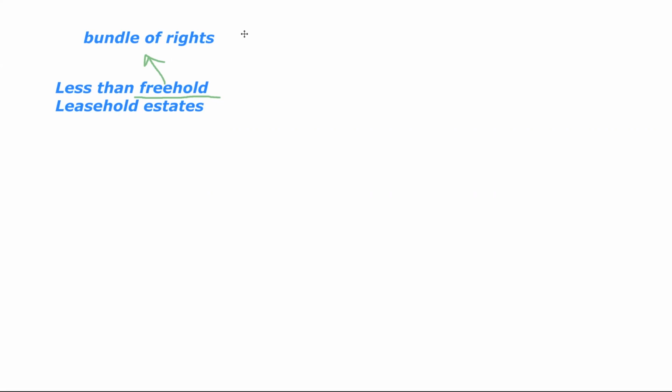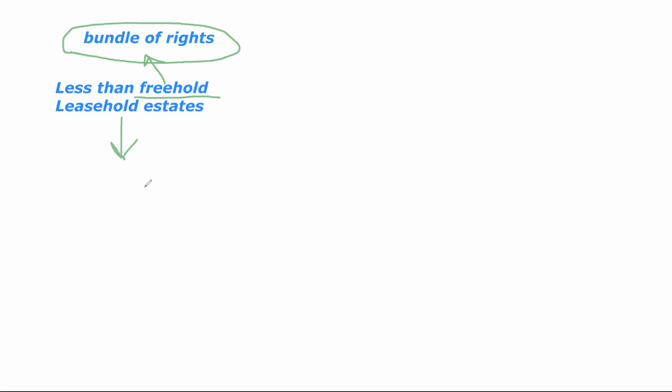But just as a quick recap, that includes the right to possess, use, transfer, exclude, and encumber, okay? So again, not going to go into that too much because we're not talking about the freehold estates where you get the full bundle of rights. We're going to be talking about our less than freehold estates, which include this.